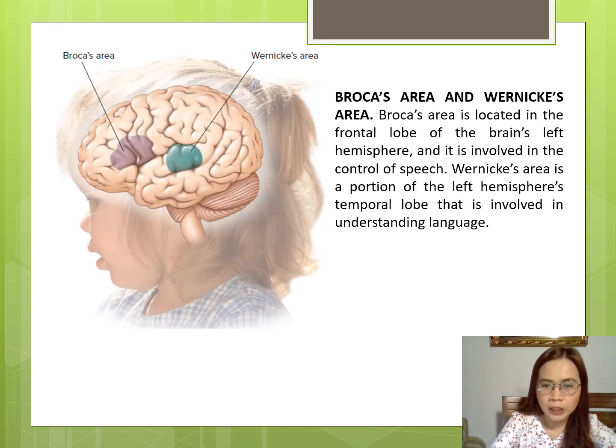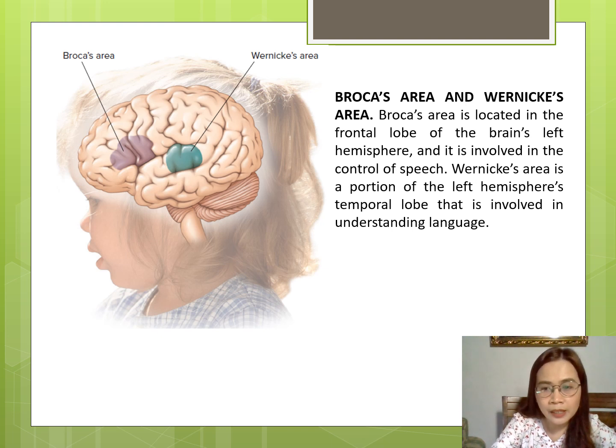So in continuation with the nativist view, since nandun tayo sa usaping brain structure, as I've said in my previous presentation, the left hemisphere is the language center of the brain. Nandoon sa ating left hemisphere, specifically sa frontal lobe at saka temporal, yung Broca's area and Wernicke's area.